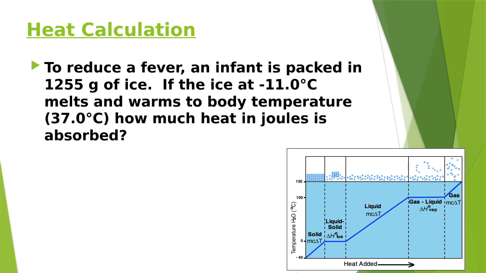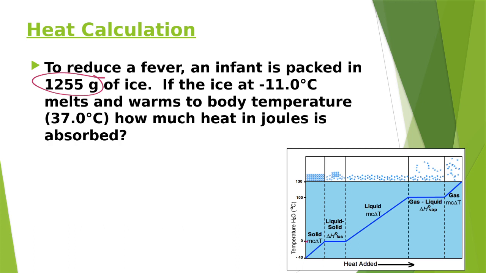So here's a great question that is going to utilize our heat calculations and also our heating and cooling curve. It says to reduce a fever, an infant is packed in 1255 grams of ice. So there's our mass of our substance right there. If the ice is at -11, so we're down here, okay?